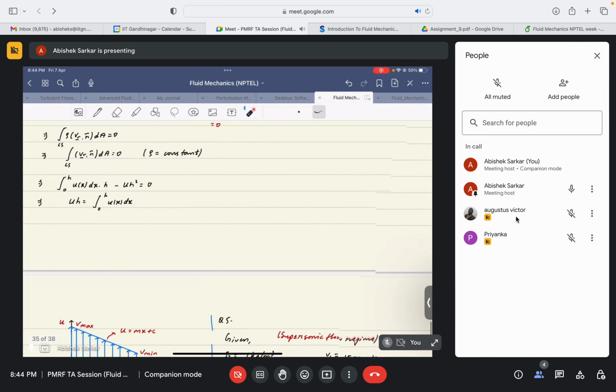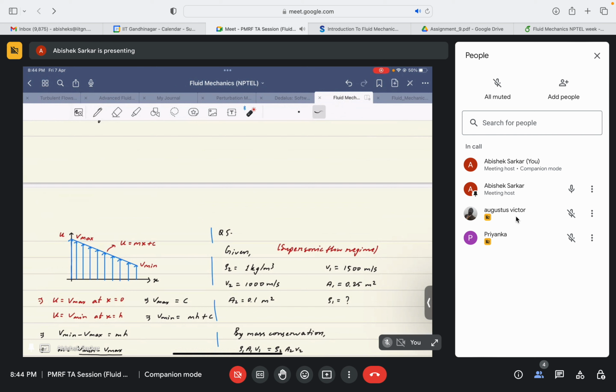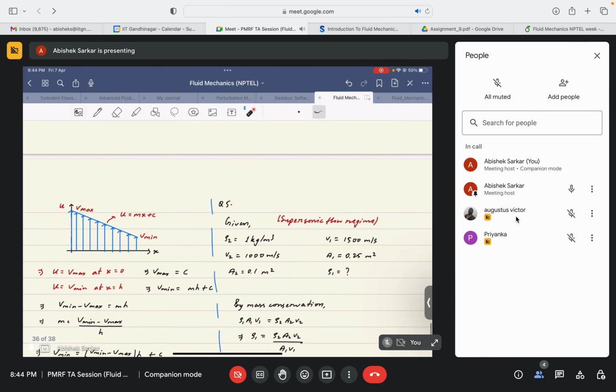So what I did was I found out the equation of the straight line at the exit. I assume the velocity profile to be a straight line, and if I take the x coordinate along the x direction and the velocity u along the y direction, I assume the equation of line to be of this form: u equal to mx plus c, where it is shown in the diagram that at x equal to h, v equal to v mean, and at x equal to 0, v equal to v max.